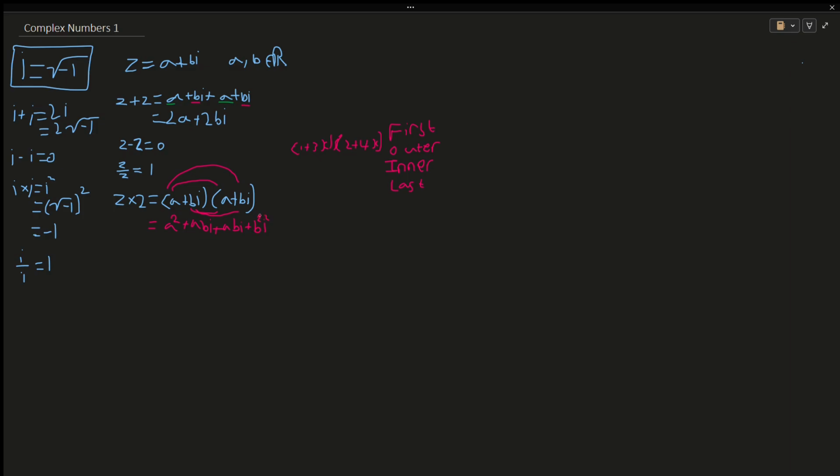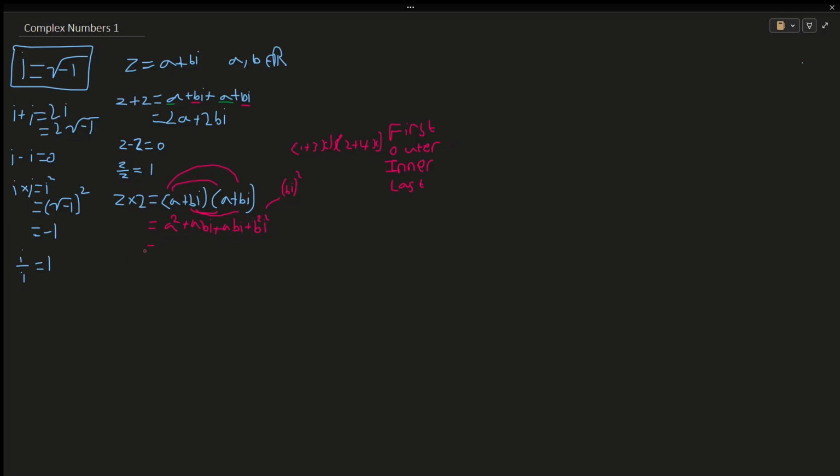Or you could have it in a bracket as well, which would be the same as (bi) squared, but I'm going to do it this way just so you can see.